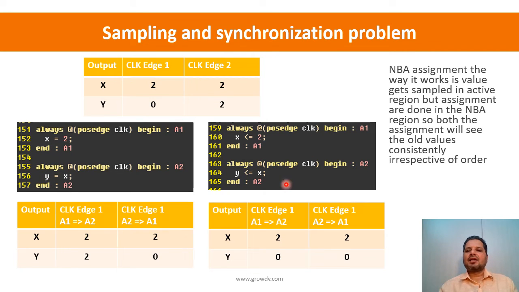But in the case of non-blocking assignment, since we just sample, and the actual assignment gets scheduled only in the NBA region, we will always sample the older value, and that's how the NBA region concept solves the race issue that we were seeing in the previous slide.